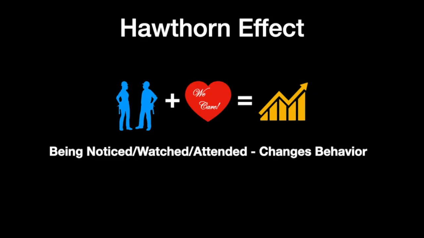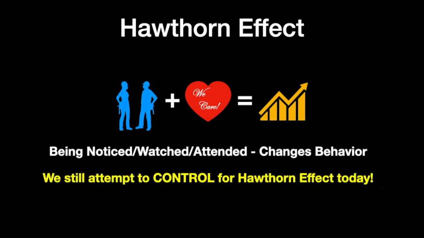Now, I said this is both an application within social psychology and research methods. So in social psychology, obviously we can see if employers want to get more productivity out of their employees, they need to involve them in the discussion. This is a big part of industrial organizational psychology as well. Now, in terms of research methods, our understanding that when somebody's being watched or noticed changes their behavior, we actually engage in practices to try and control for that factor when we're doing research.